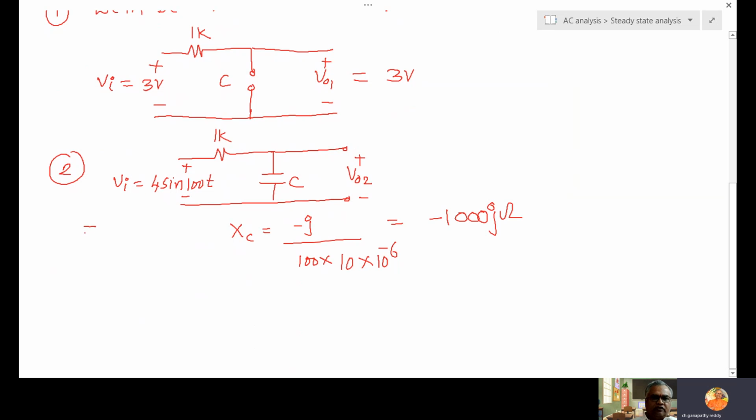And the phasor form of the input is 4 by root 2 angle 0.